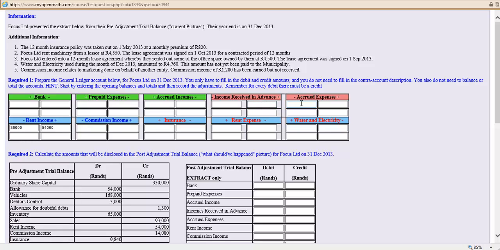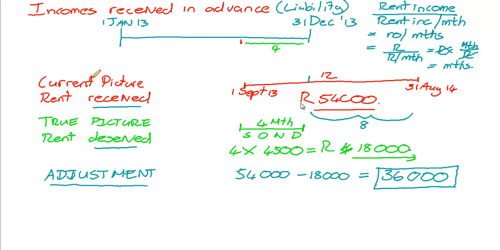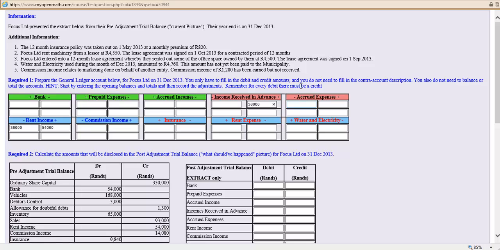We're going to put there 36,000, because that's exactly what's happened here. We've received the rent, but we've not actually yet deserved it, because we've not yet provided that service to the other entity. Good. That's the adjustment, the credit and the debit leg.